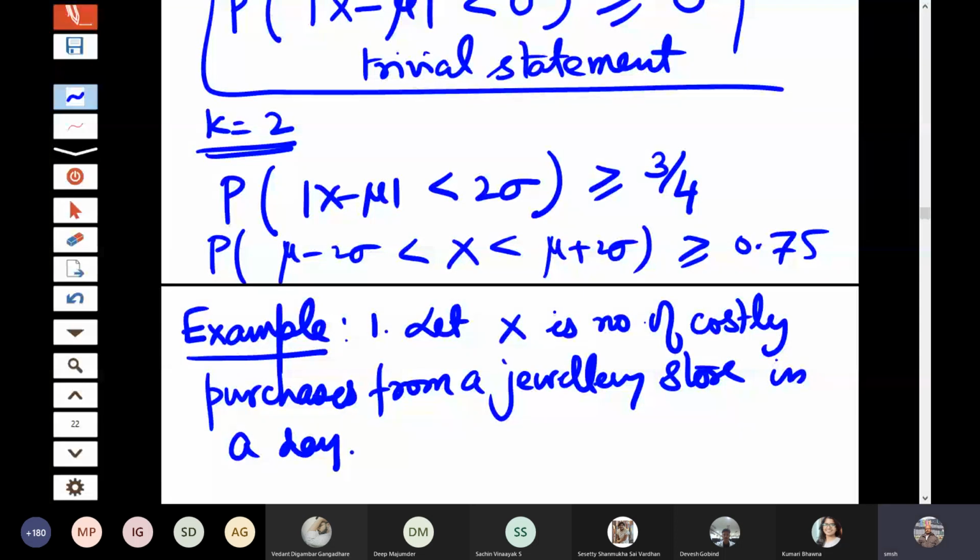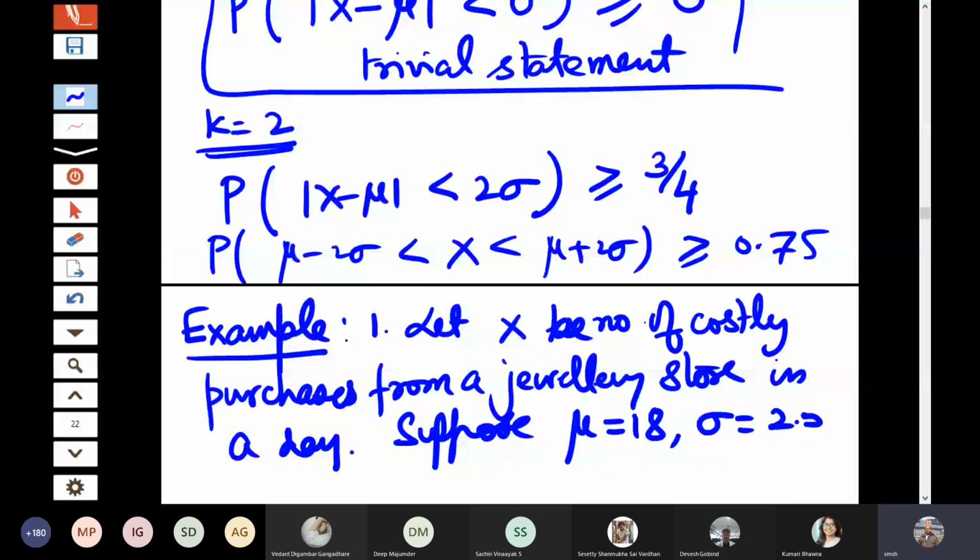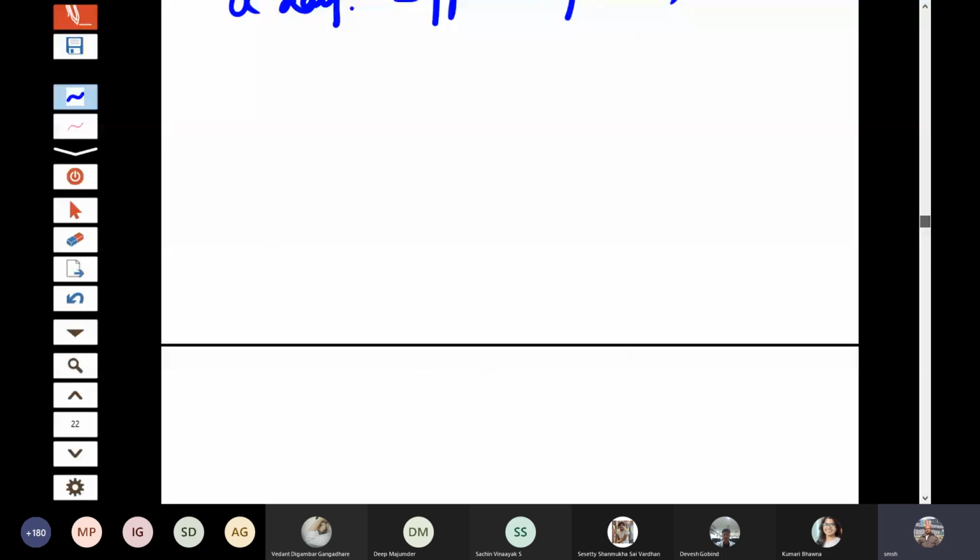So a jewelry store is interested in knowing how many purchases are costly purchases. That means maybe to the tune of several lakhs or something like that. Suppose expectation of x is say 18 and sigma is equal to say 2.5. Suppose this data is available to us.